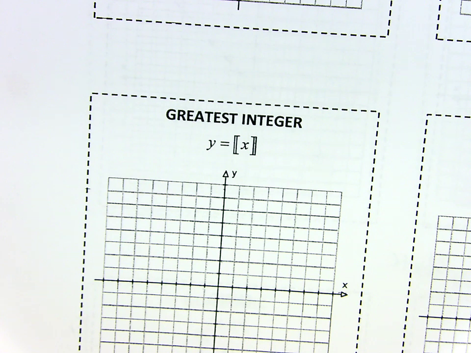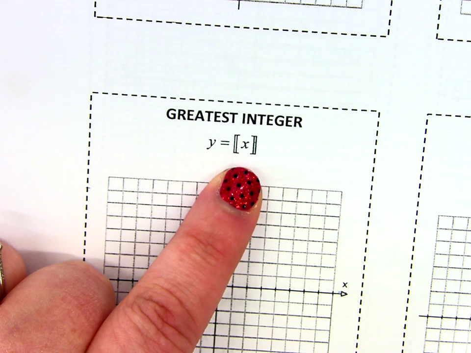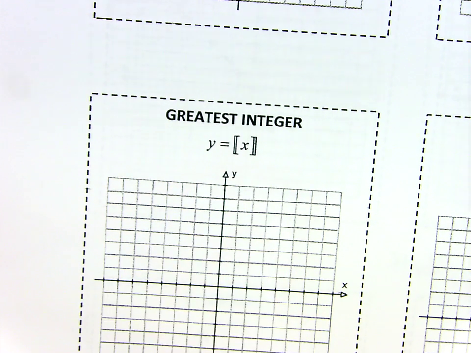So, for example, if I plugged in 2.3, the greatest integer less than or equal to 2.3 would be 2. What if I asked you to plug in 3.7? What's the greatest integer less than or equal to 3.7? What was it? 3. Yes.